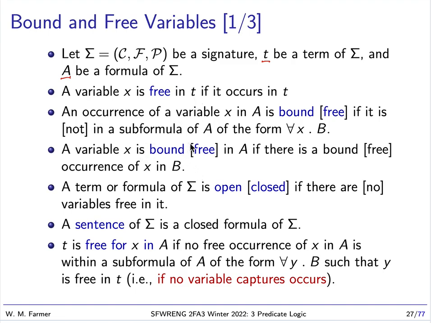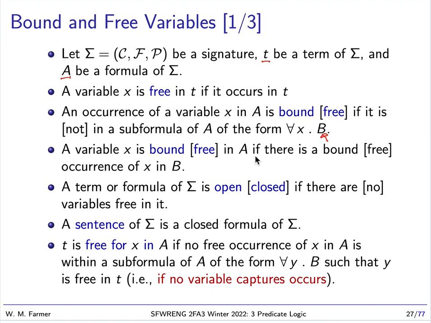Now, an occurrence of x in A can be either bound or free. It's bound if the occurrence is inside an expression whose outside is a universal quantifier over x. So any occurrences of x in B are bound. And the occurrence of x is free if this is not the case, that is, if it doesn't occur in any sub-expression of A that is bound by x using a universal quantification.